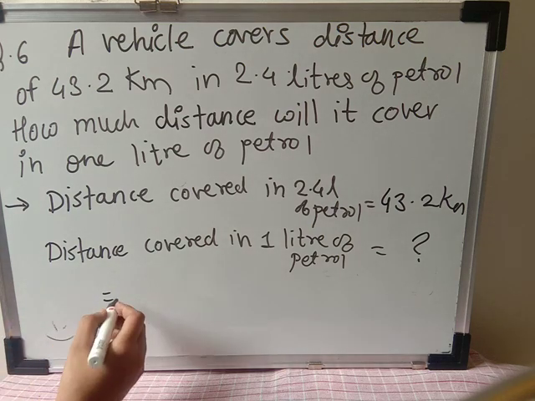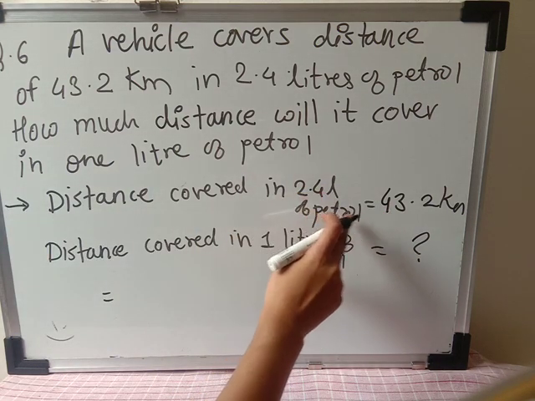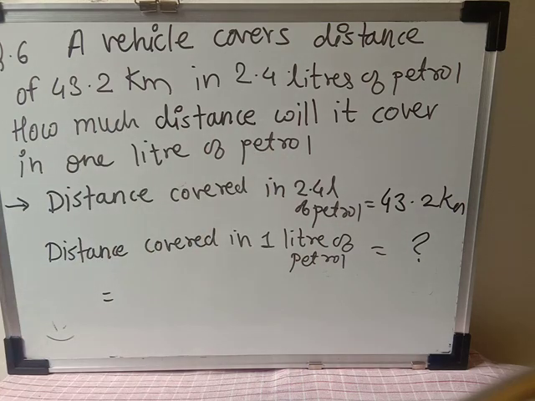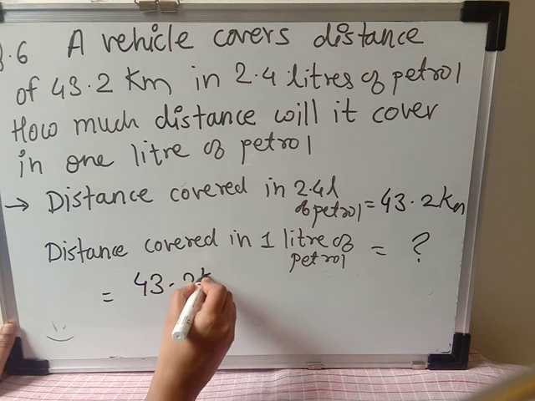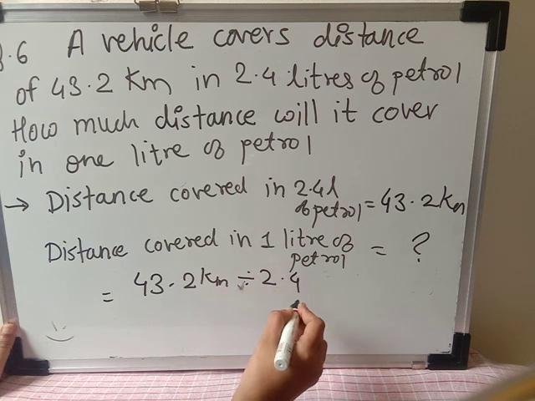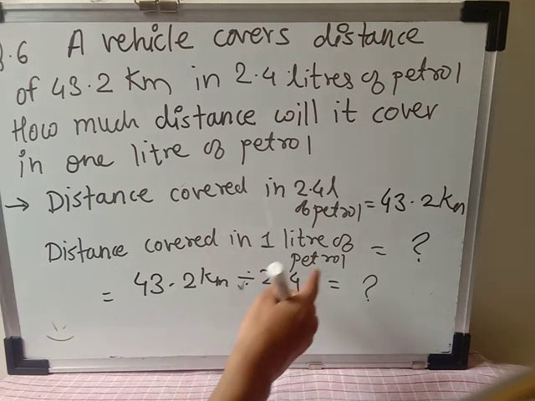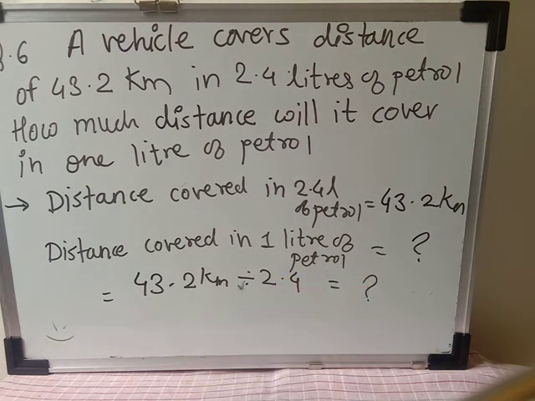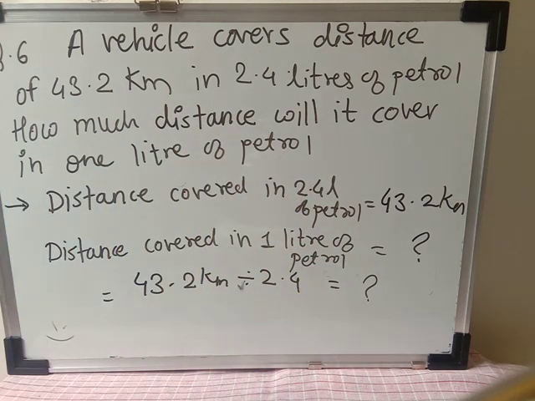So the distance of the 2.4 liter petrol, we are going to divide with the total liter of the petrol. It means that 43.2 kilometer we are going to divide with the 2.4. Then we will get the value of 1 liter, means the distance will cover in 1 liter of petrol. So let's do the division. Just write down all these things in your notebook.